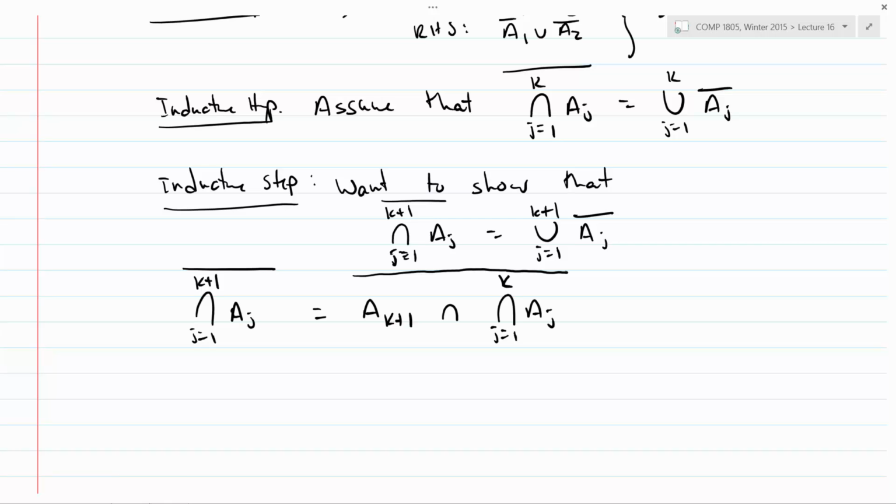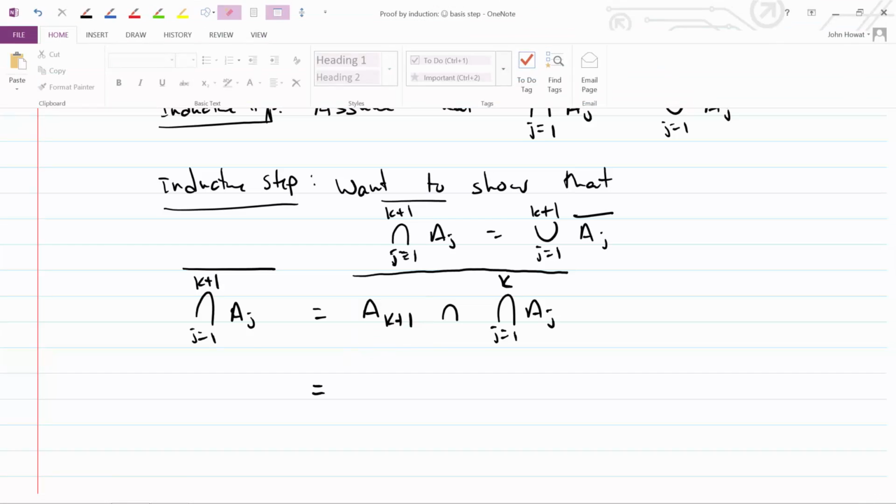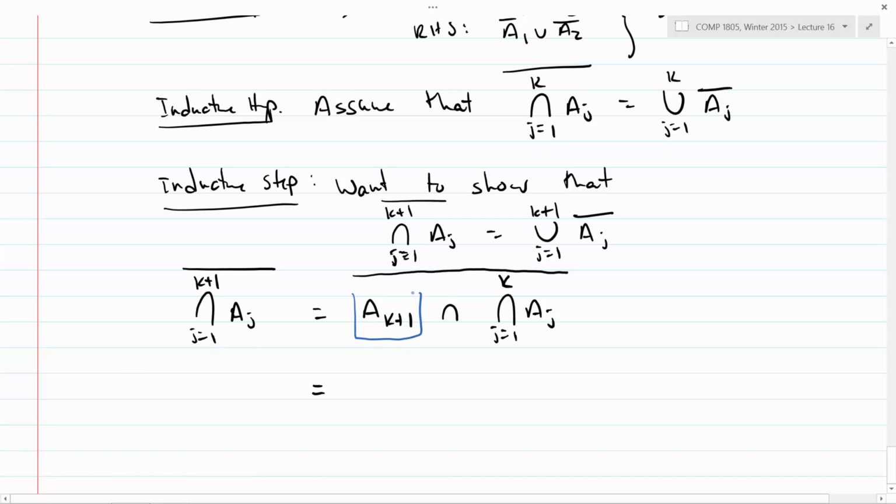All right, so now that I have that, I can work with this. What is this thing right here? It's a set, right? That's not a trick question. This thing here is a set. And this thing over here, the result of taking a bunch of intersections, is another set.